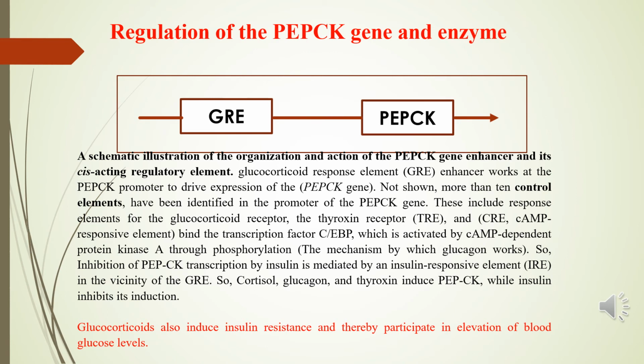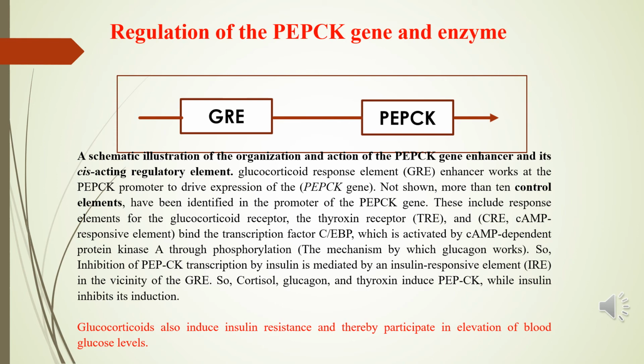The phosphoenolpyruvate carboxykinase gene transcription is inhibited by insulin, and this action is mediated by an insulin responsive element in the vicinity of the glucocorticoid response element. So the promoter of this gene has two areas, one for the induction and one for the inhibition of gene transcription.